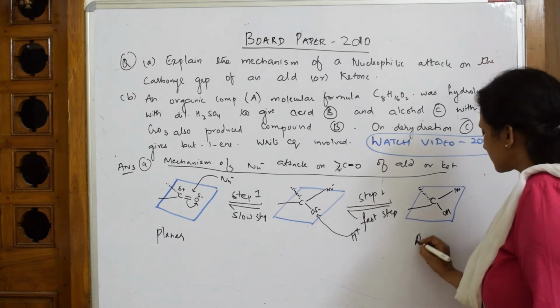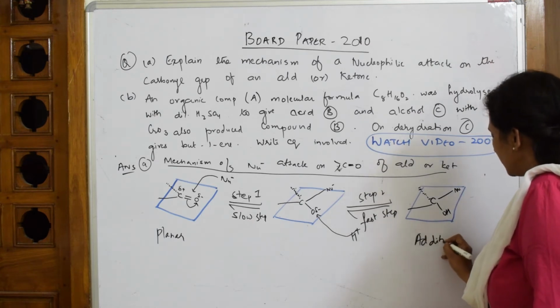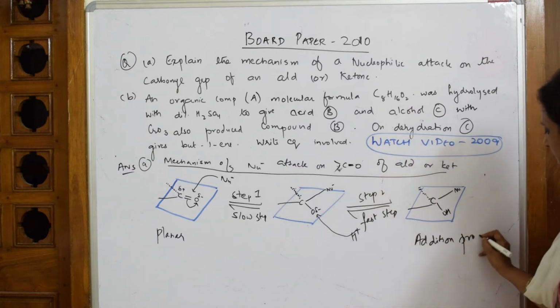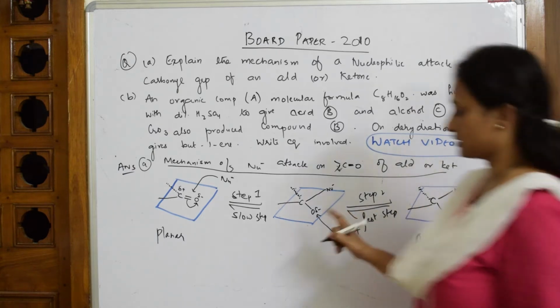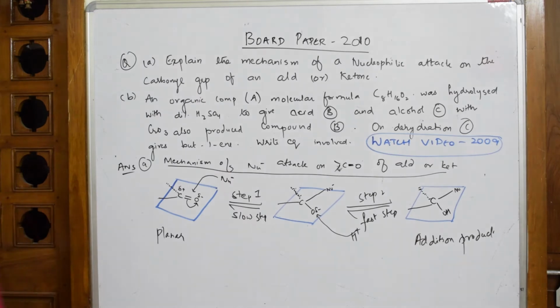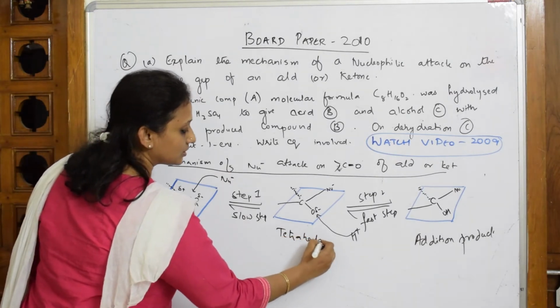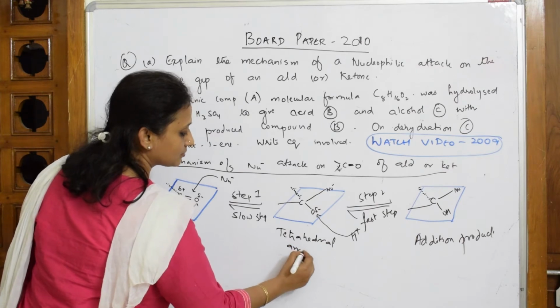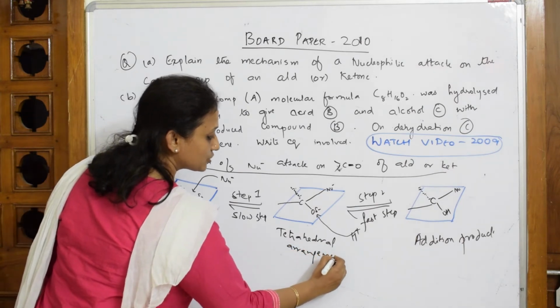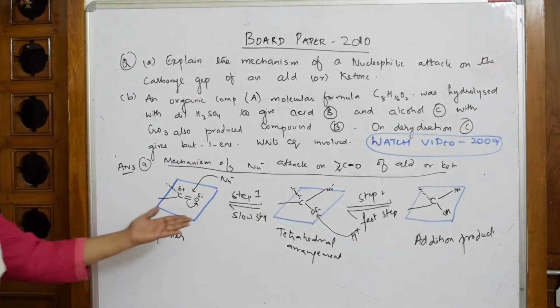That's it. This is called your addition product. And what is this called? This is your tetrahedral arrangement. That's it. You're going to show the nucleophilic addition in this way.